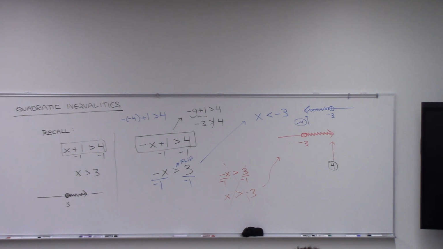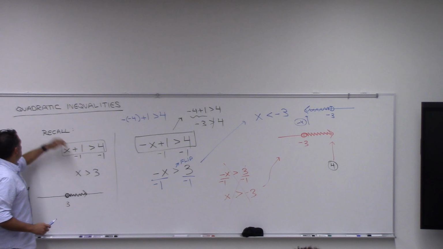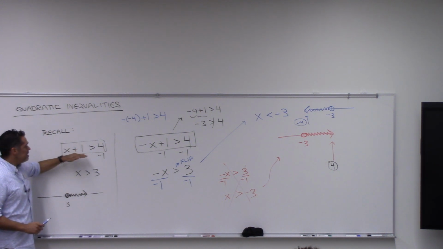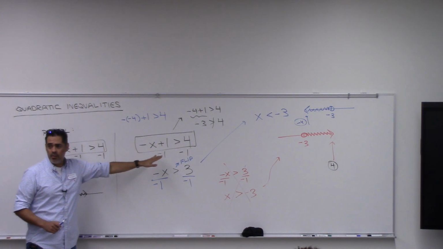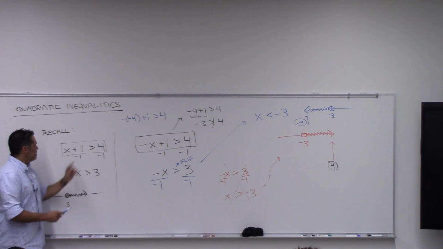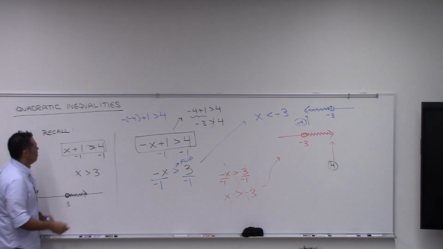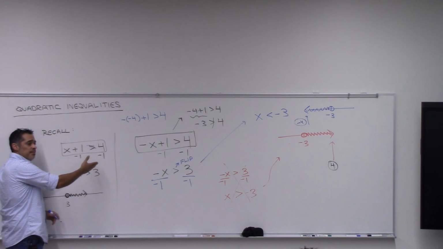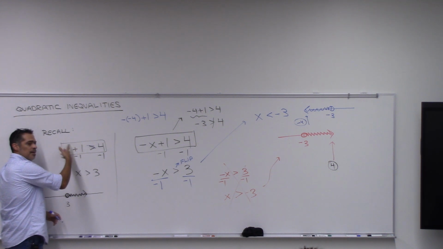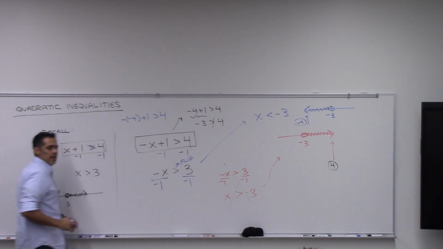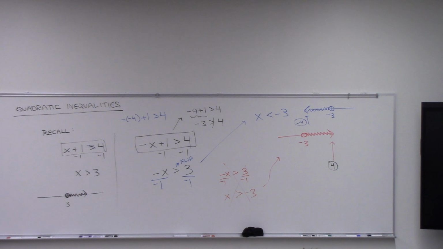Okay, our goal is not to do what we just did. These inequalities are what we call linear inequalities, because if you were to make it an equal, this is a linear equation since x is raised to the first power. I'm assuming you have some experience solving those.